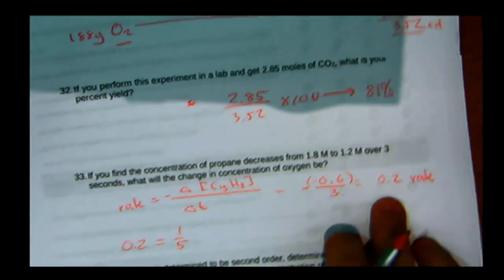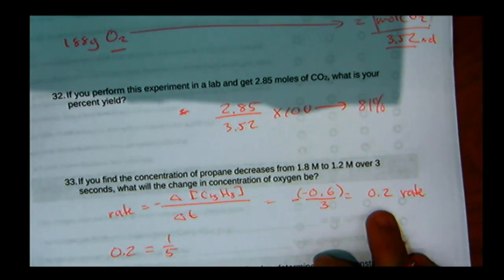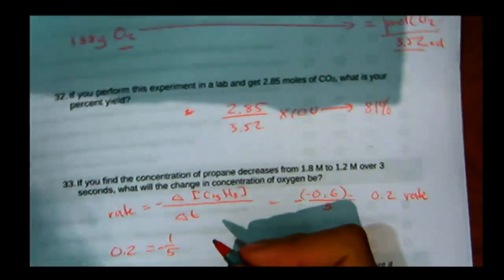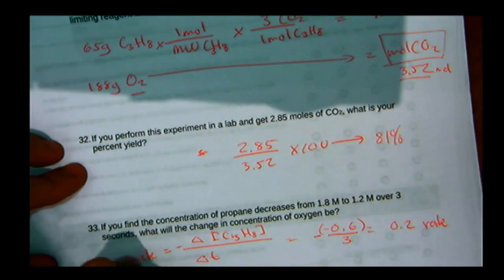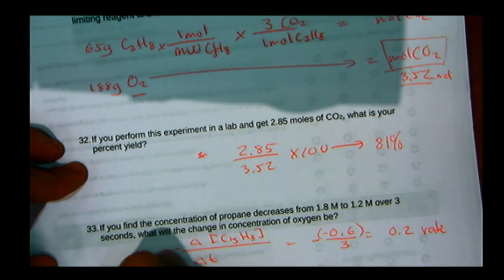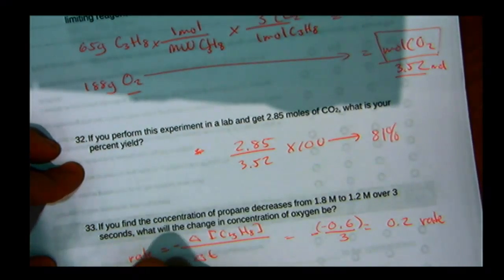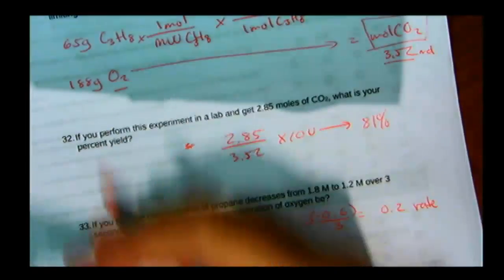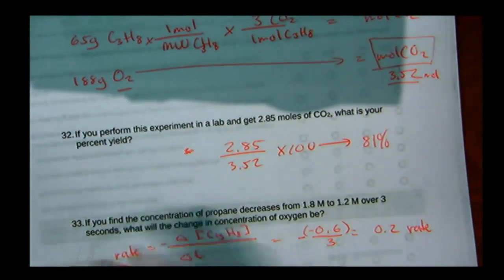Oxygen would still be negative in this case because you're using rate equals negative change in concentration of A over change in time. It'd be that way for all the coefficients, so this is still negative because we're just plugging it into the equation backwards.